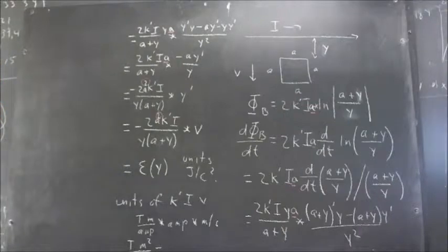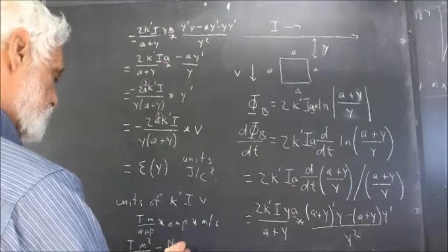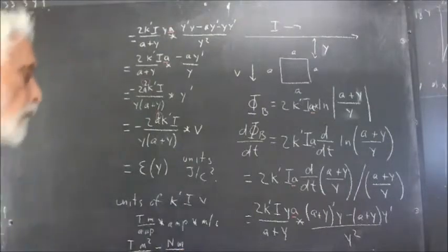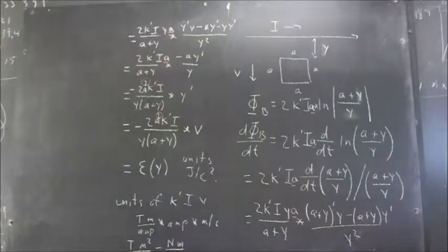Now what's a Tesla? Think about that for a second. A Tesla is a Newton per amp meter. Again, go back to the defining relationship of your magnetic field, and you get this.